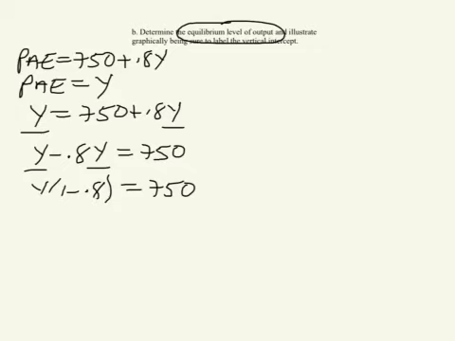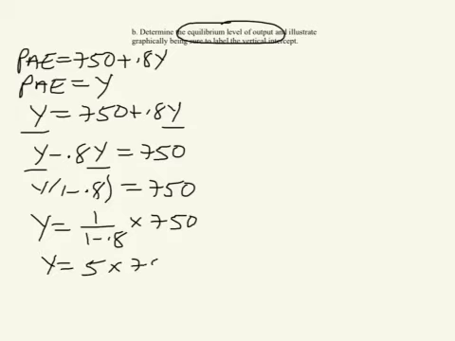So y is equal to 1 over 1 minus 0.8 times 750, or y is equal to 5 times 750. So 5 times 7 is 35, and 5 times 5 is 25. So y is equal to 3,750. That's your equilibrium.